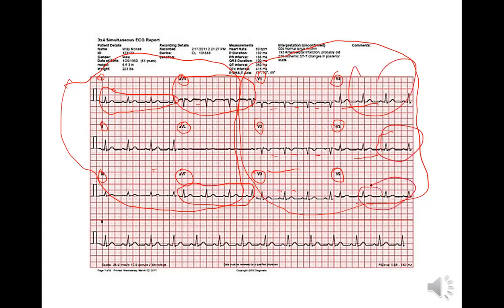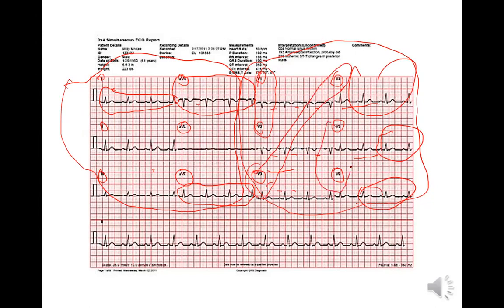So where do you have that transition? Between V2 and V3, which is not normal. So where's the transition supposed to be? V3 and V4, right? So it happened early. And if you remember before, V1 and V2 are looking more at the right side of the heart, anterior, where V3 and V4 are also anterior, but they're septal.